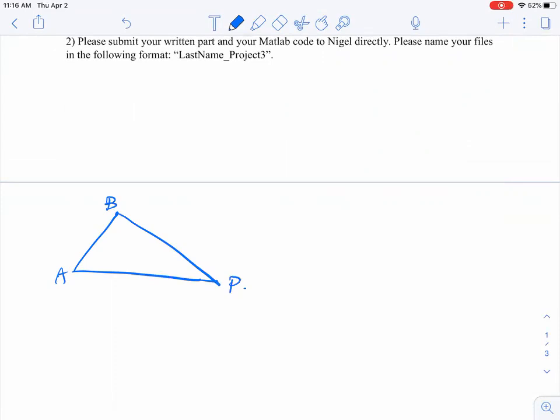Okay. So if you want to use the Newtonian method, then you need to draw a free body diagram for this triangular shape. And then how many forces do we need to put there? Definitely there is a downward force F, right?